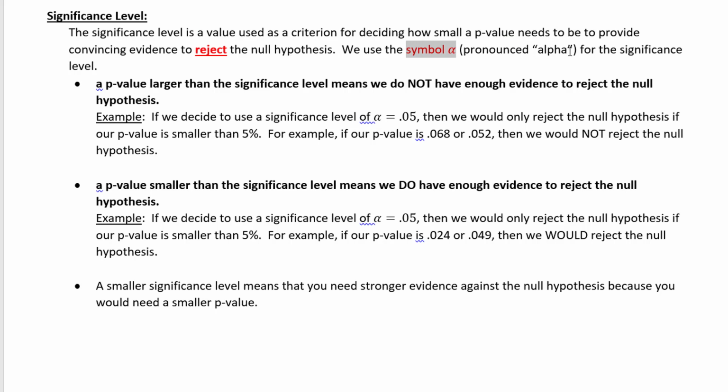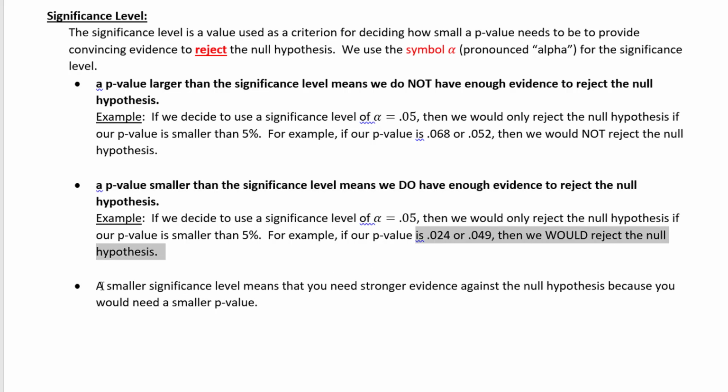The significance level does not have to be 0.05. It's been the standard we've been using this semester in this course so far, but we could use a different significance level. The point of a significance level is this. If your p-value comes out larger than the significance level, then you don't have enough evidence to reject the null, and you conclude that the null is plausible. If our p-value is smaller than our significance level, we do have enough evidence to reject the null.